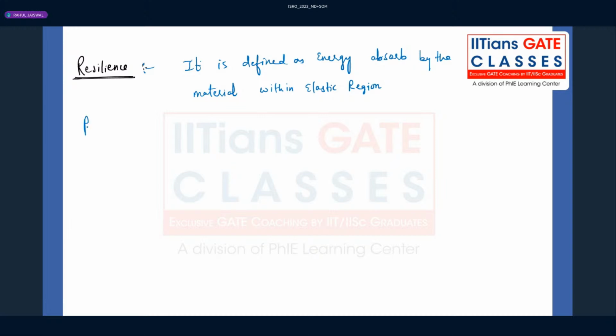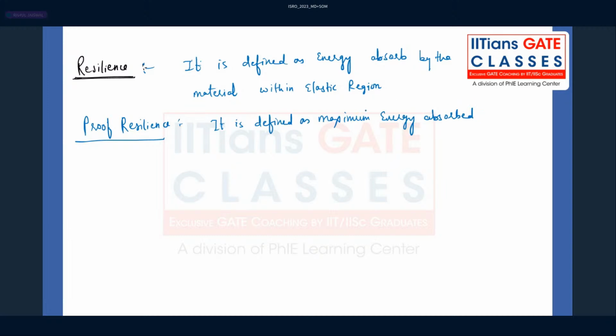There is one term also coming always, proof resilience. It is defined as the maximum energy absorbed by the member within the elastic region.